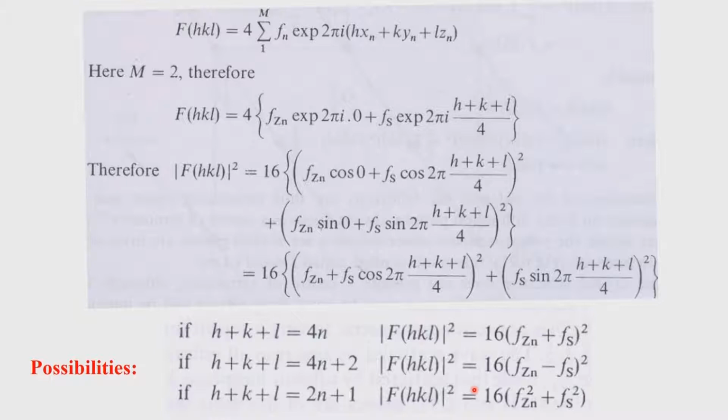So, when we re-examine the international table entry, we will see what is the effect of special positions and how additional symmetry elements develop because of that effect. This is something we have to keep in mind, and we will come back and revisit it when we re-examine the international tables.